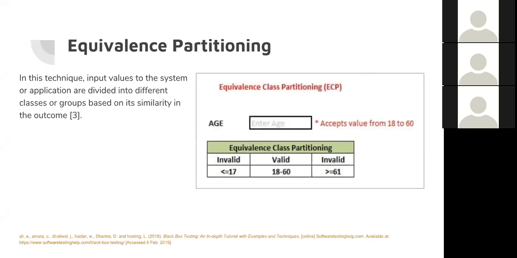So in the example, someone would put in an age from 18 to 60, and depending on the input, it would give an invalid, valid, or invalid, depending on its value.